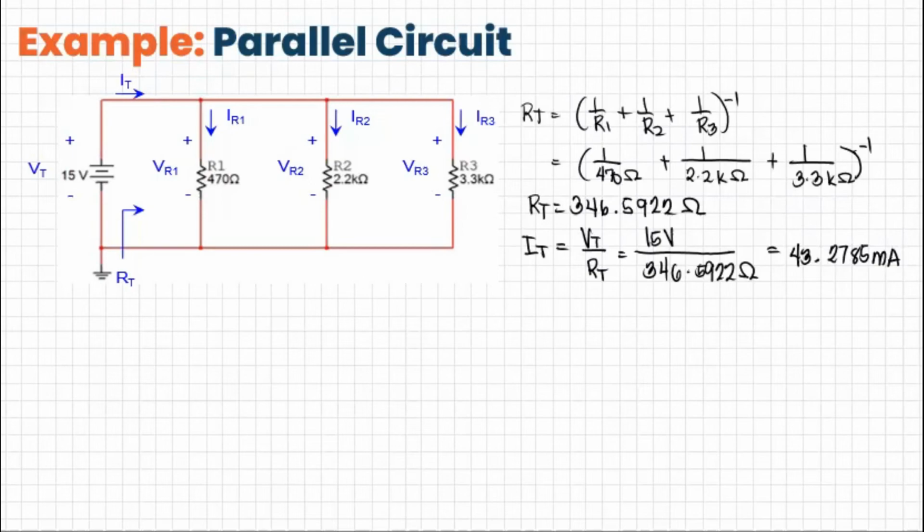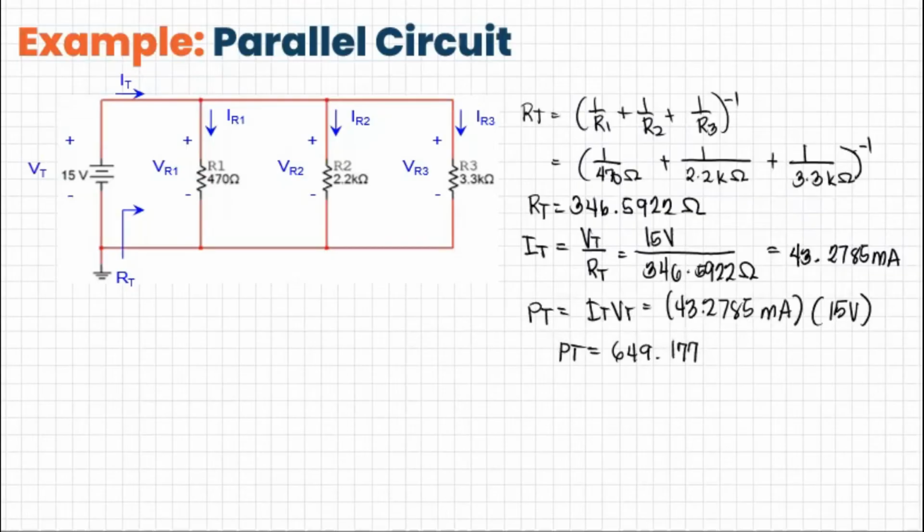Next is PT. PT is equal to IT times VT: 43.2785 milliamps multiplied by 15 volts. PT, or total power, is equal to 649.1779 milliwatts.